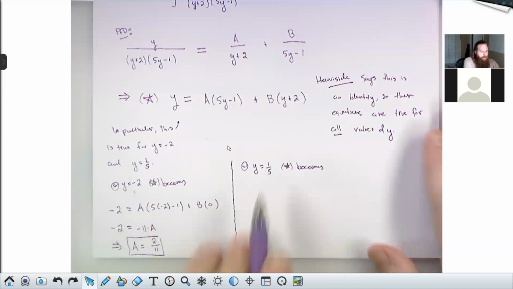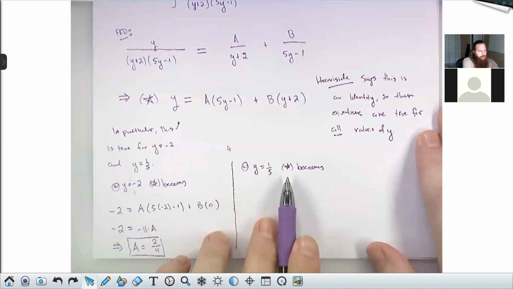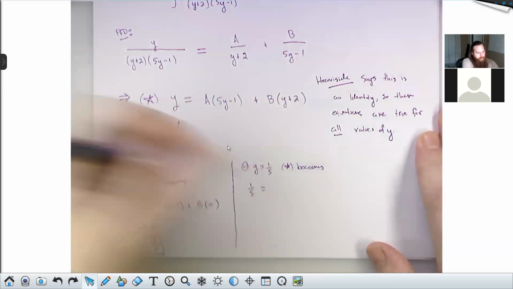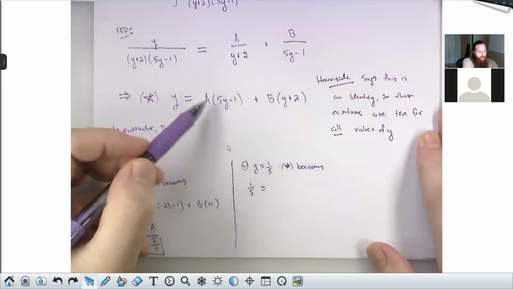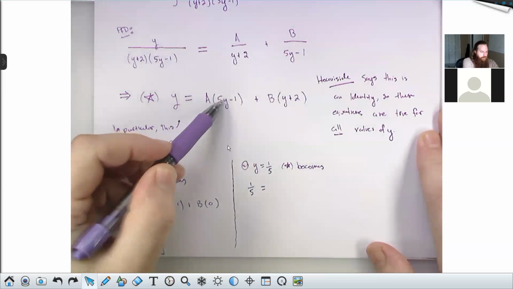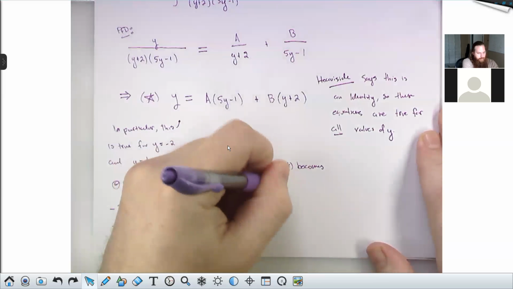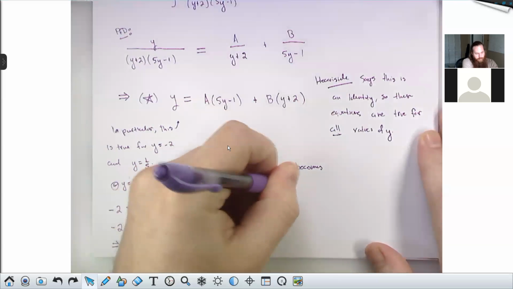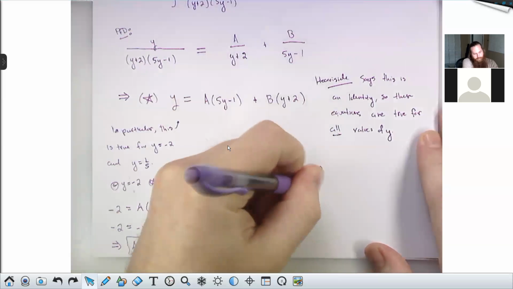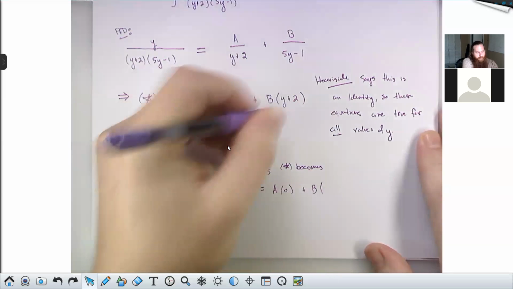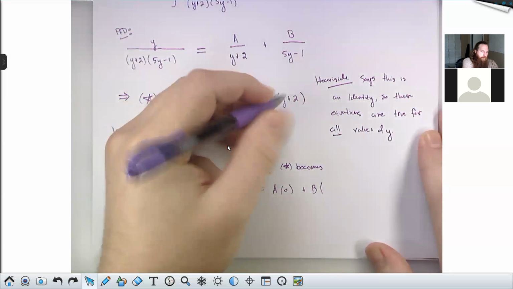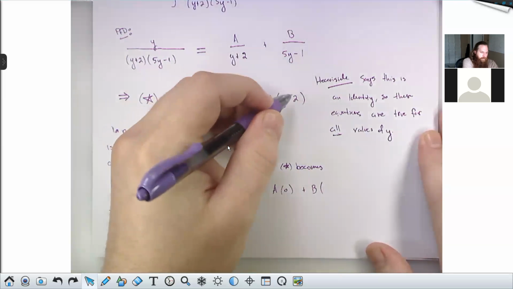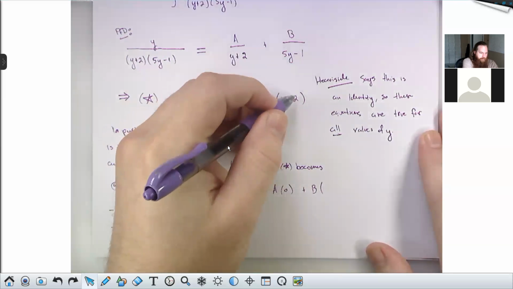So if I send y to 1/5, the equation star becomes 1/5, because that's y, equals A times 5 times 1/5 minus 1. 5 times 1/5 is 1. 1 minus 1 is 0. B times 1/5 plus 2. Well, 1/5 plus 2 is the same as 1/5 plus 10/5.